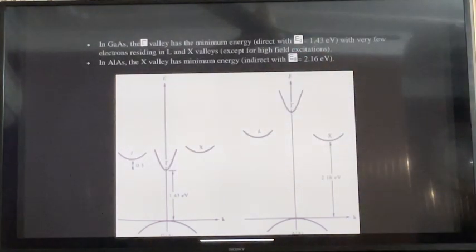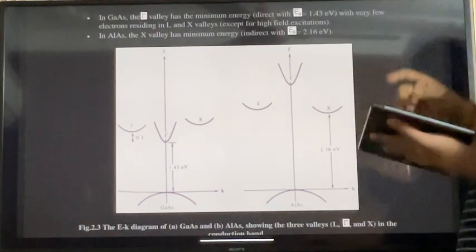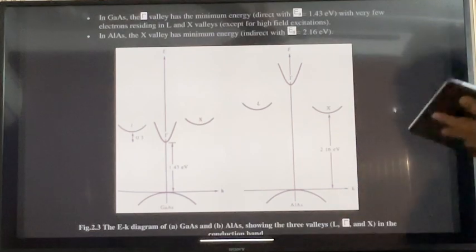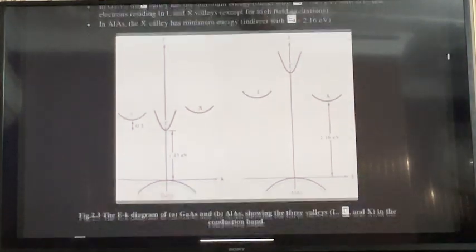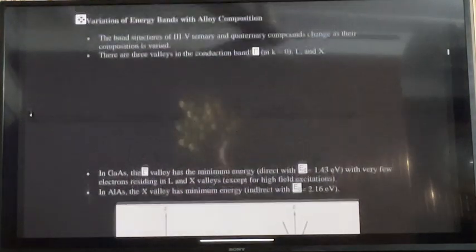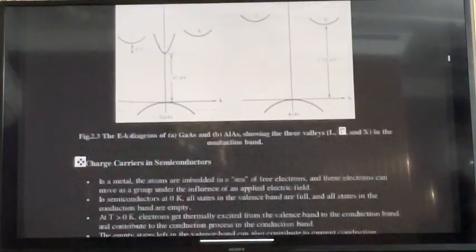However, this can change. Suppose in AlAs, the X valley has the minimum energy gap. You can see that the X valley, which occurs at a higher momentum, actually has a lower band gap. So, this is how the energy band diagrams change with respect to the composition of alloys when we use them as semiconductors.